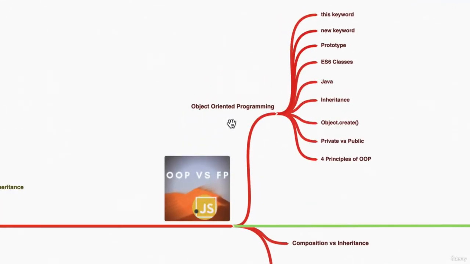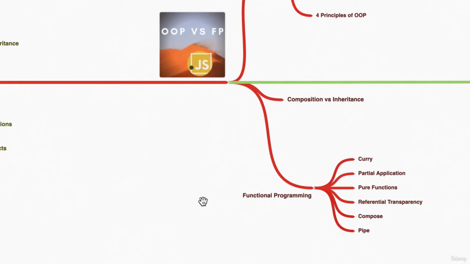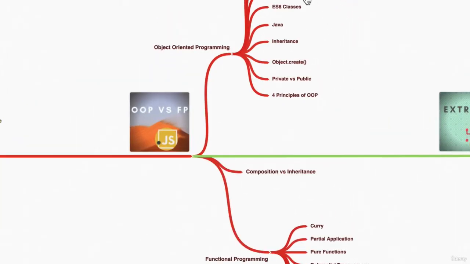One is object-oriented programming, and the other one, functional programming. And we're going to dive deep and talk about each of these topics, and also talk about composition versus inheritance. By the end of it, you're going to learn some paradigms that have taken years and years, decades, for programmers to learn what these good practices are.